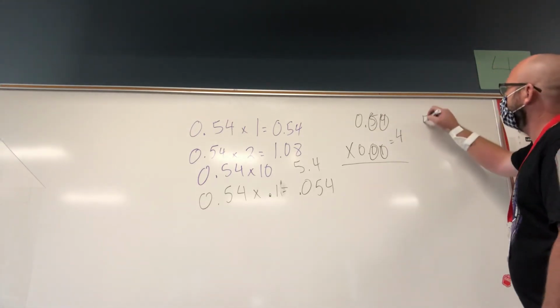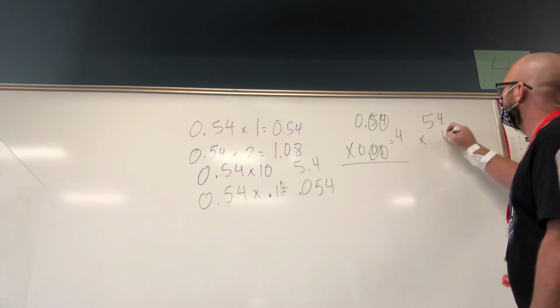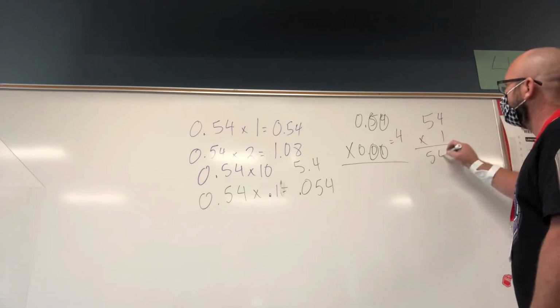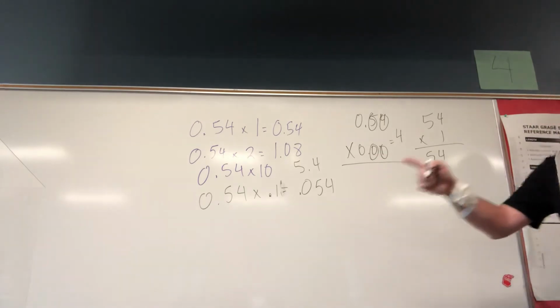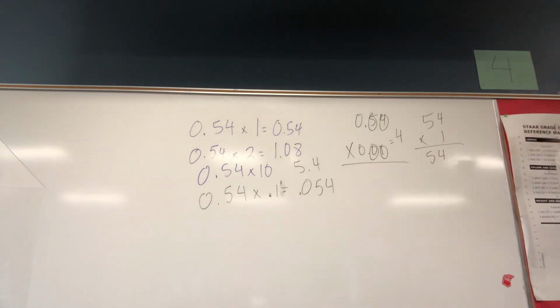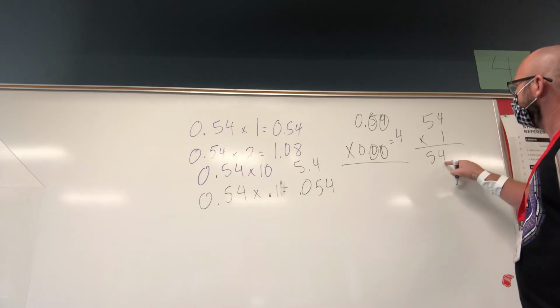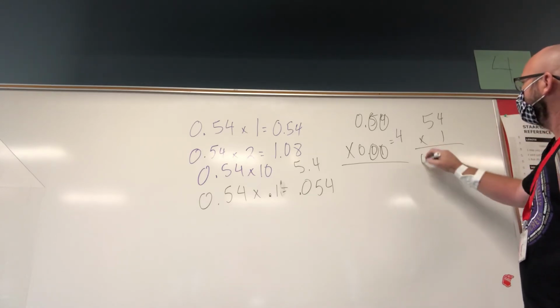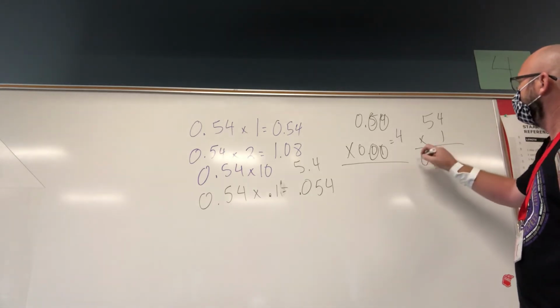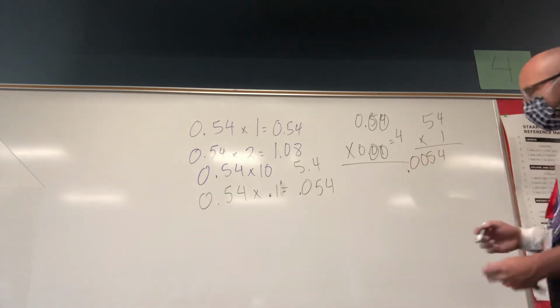And then I just rewrite it. 4 times 1 is 54, because I can ignore the decimals as long as they're the leading numbers. And then I have to have 4 numbers behind the decimal point. So there's 2, 3. I got to put 1 here. Got to put 1 more. And that would be 54 10,000ths.